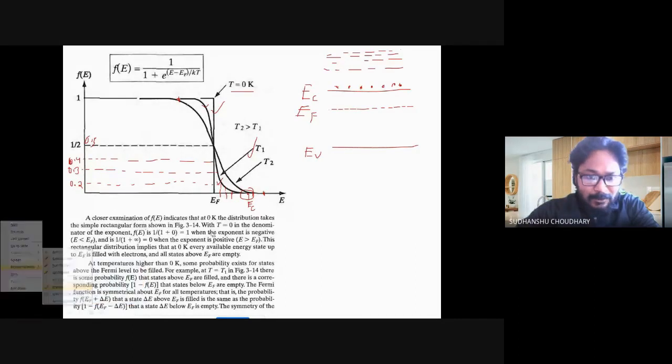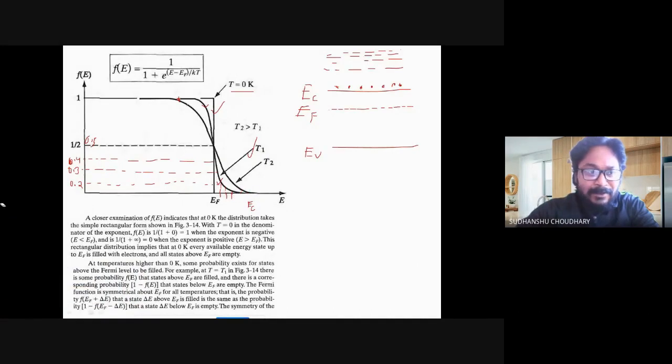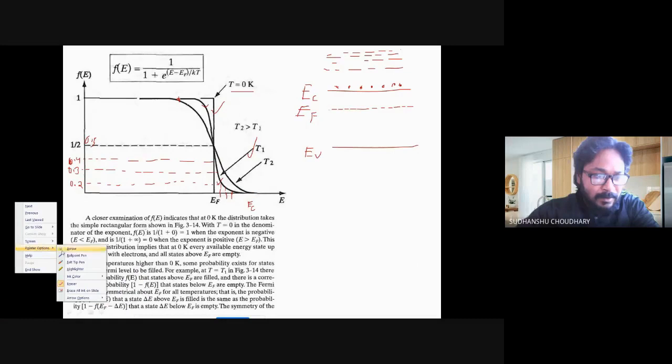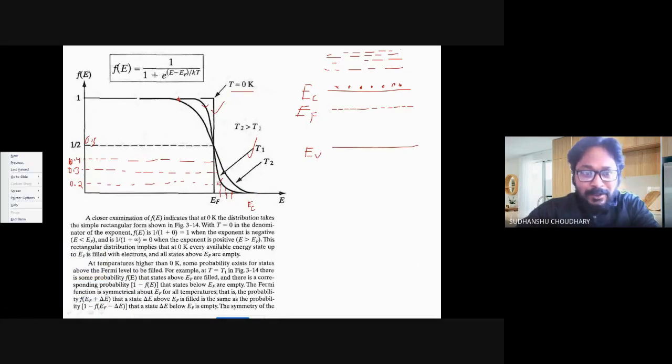Okay, so this is the probability of finding an electron. Now let us also talk about the probability of not finding an electron, or the probability of finding a hole in the valence band. Since the curve of the Fermi distribution function is symmetrical around EF, this curve is the very same as this curve.